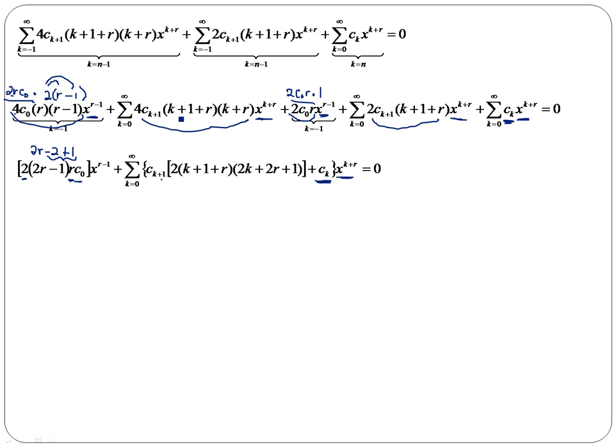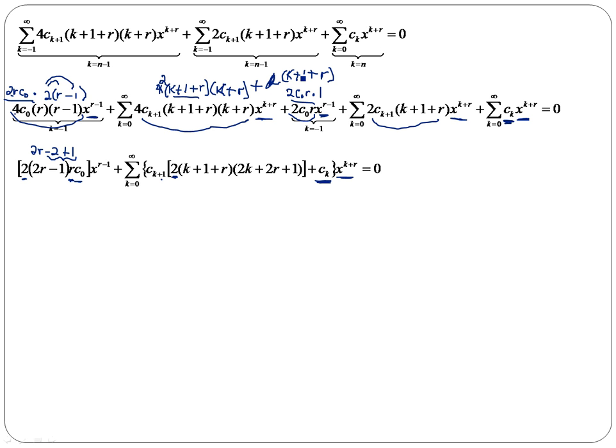let's see, here everything is multiplied by 4. So I've got 4 times k plus 1 plus r times k plus r plus 2 times k plus 1 plus r. Notice I have a 2 in common. That's this 2 that's factored out. So if I factor out the 2, that's still going to leave me with a 2 here. Factor that out.